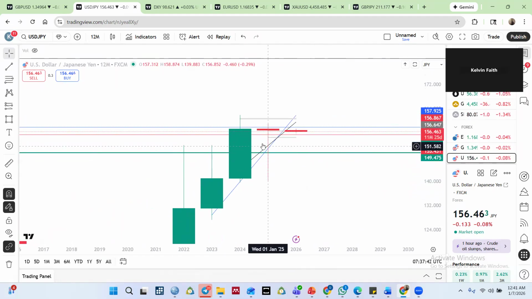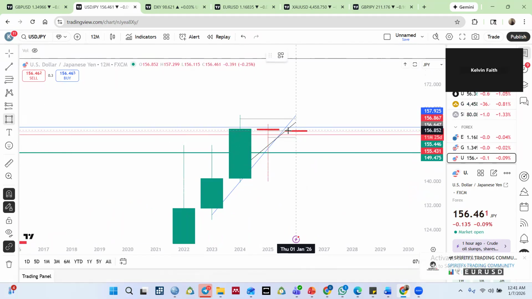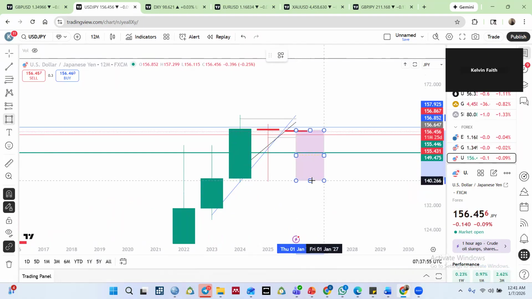So at a doji like this, price might want to either crash down to fill the wick, do a wick fill, or just push down a little bit to retest somewhere here, and then there's this indecision candle, and then just push up and continue pumping up.